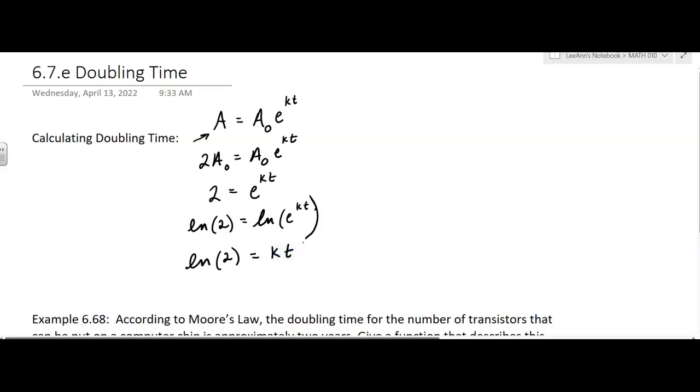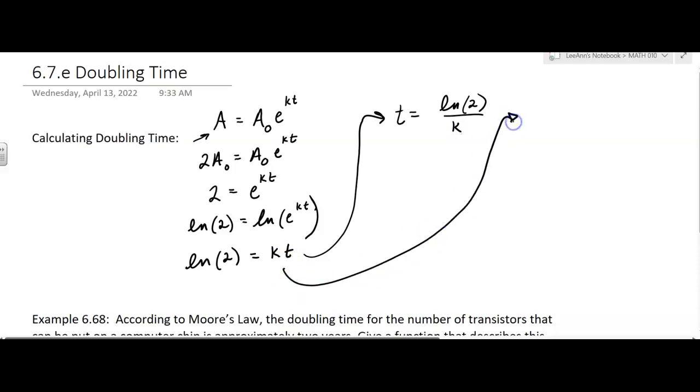Now, with that formula, you could do one of two things. If you're trying to solve for time, you would say t equals the natural log of 2 divided by k, provided you know the constant. But you could also take that formula and say k is equal to the natural log of 2 divided by t.